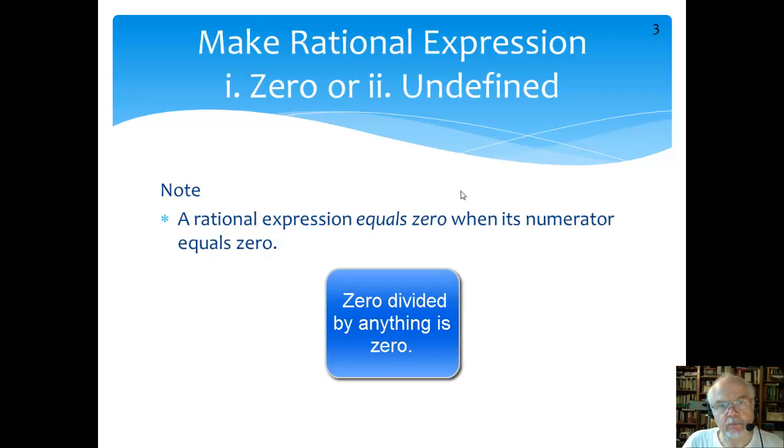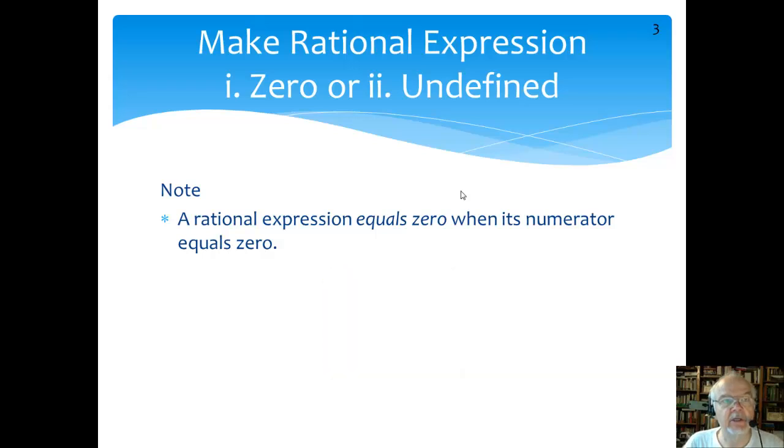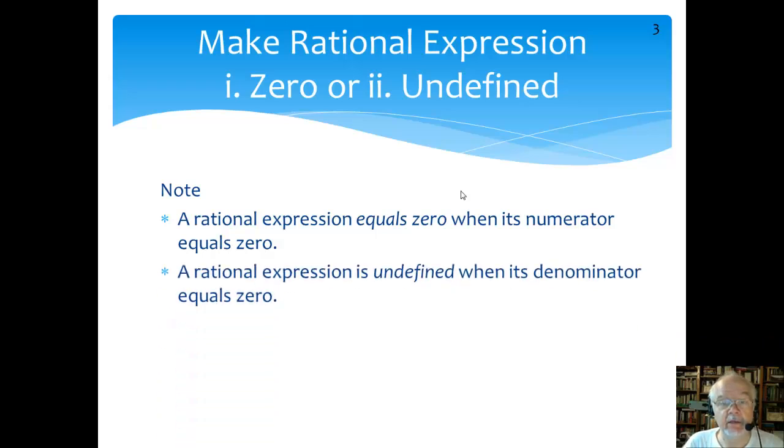So to set a rational expression equal to 0, all we need to do is set the numerator to 0. And it has to be the entire numerator. And then, in a similar fashion, to determine when a rational expression is undefined, we look for the case when its denominator is 0, because we cannot divide by 0. Dividing by 0 is definitely not an operation that's defined in arithmetic.